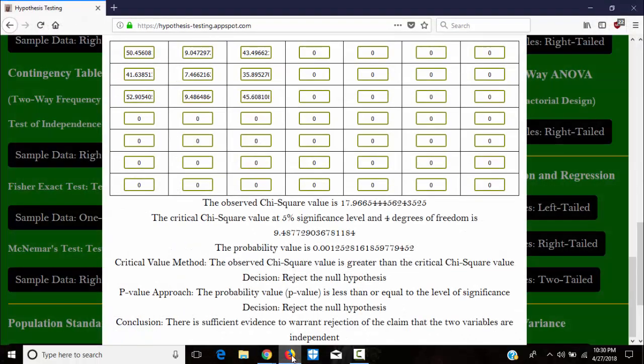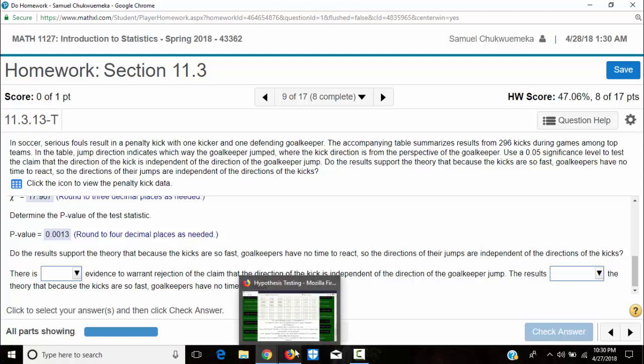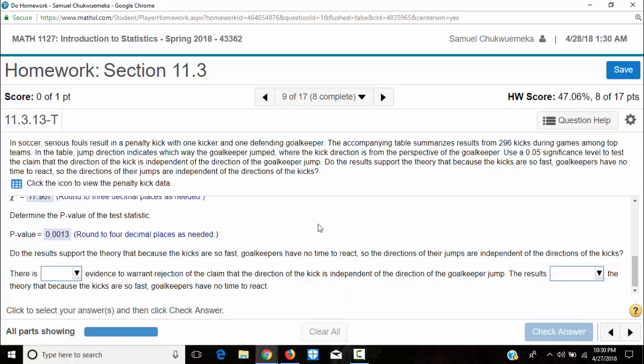Let's look at the decision: reject the null hypothesis. When you reject the null hypothesis, there is sufficient evidence to warrant rejection of the claim that the direction of the kick is independent of the direction of the goalkeeper jump.